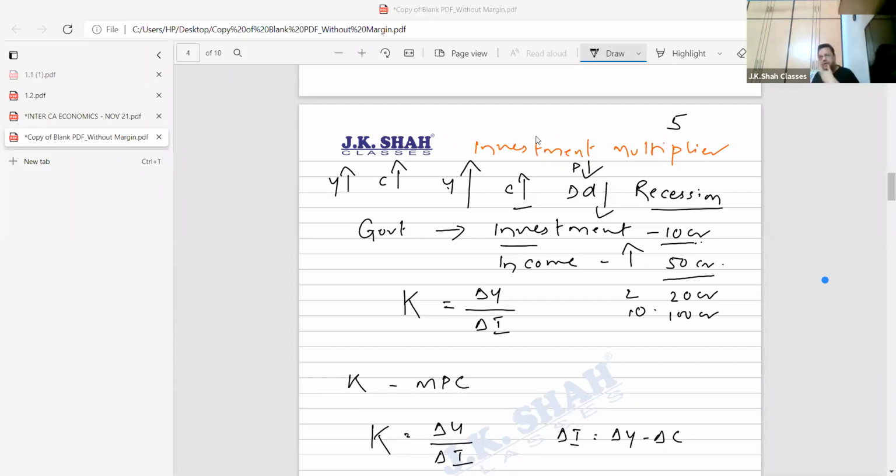The proportion in which income of the people rises is known as multiplier.